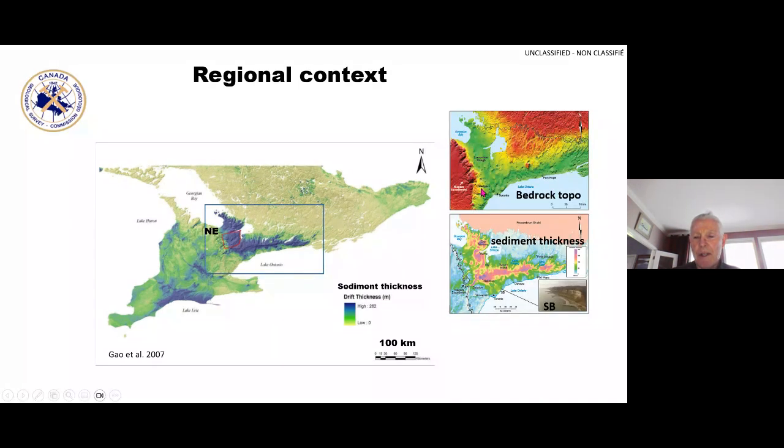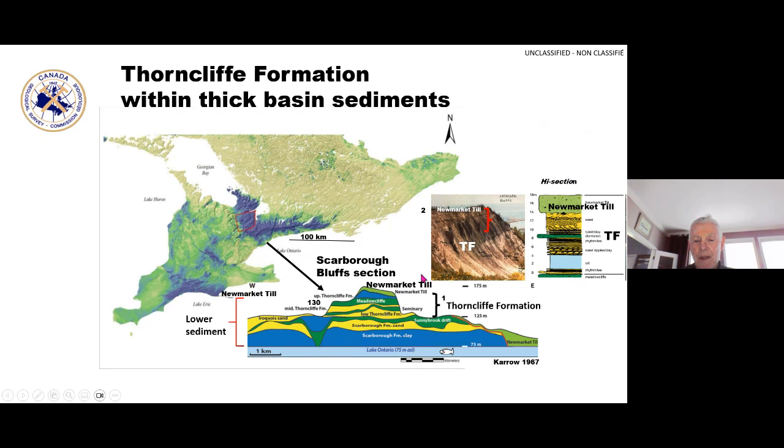Now, below the Niagara Escarpment, there's a Laurentian trough that filled with several hundred meters of sediment. In the map below, we see this surface is covered by thick sediment, so the observations on Thorncliffe are mainly along the lake bluffs of Lake Ontario.